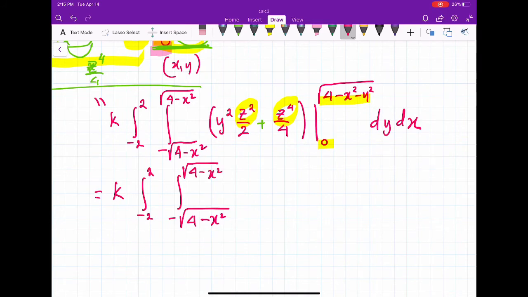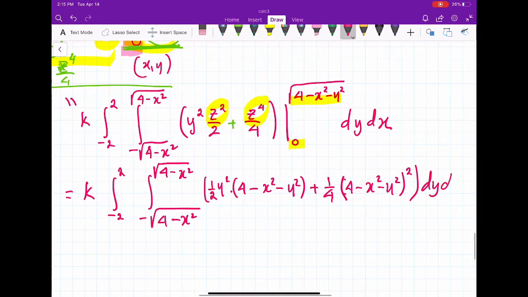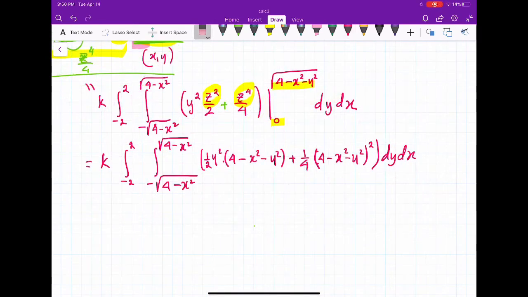At square root of 4 minus x squared minus y squared, I have y squared, just 1/2, y squared times 4 minus x squared minus y squared. Okay, and then plus 1/4 times 4 minus x squared minus y squared, squared, because you have power 4, right? In here we have dy dx.